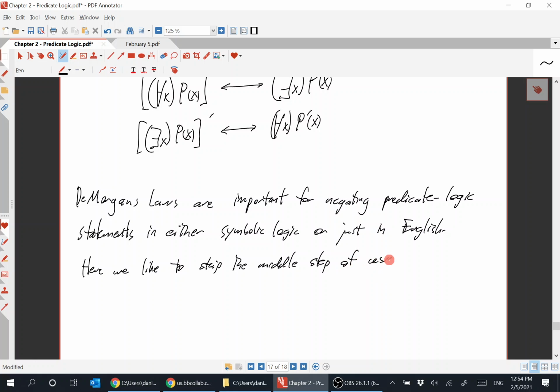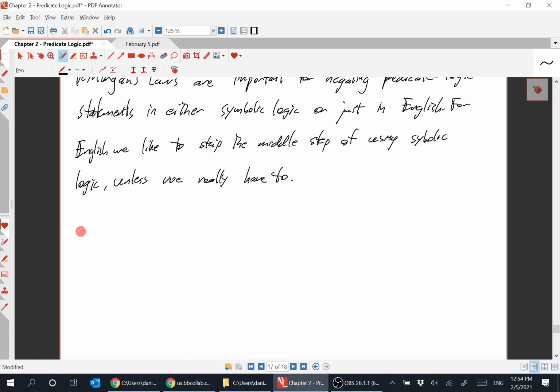For English, we like to skip the middle step of using symbolic logic unless we really have to. So, for example, write the negation of each statement.